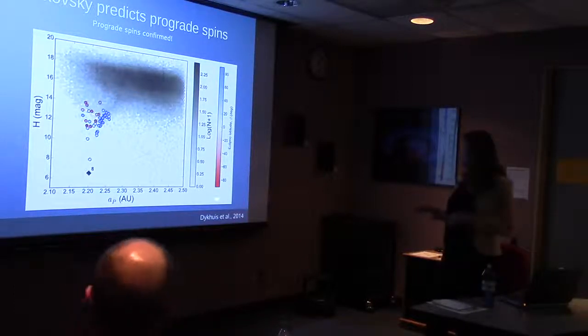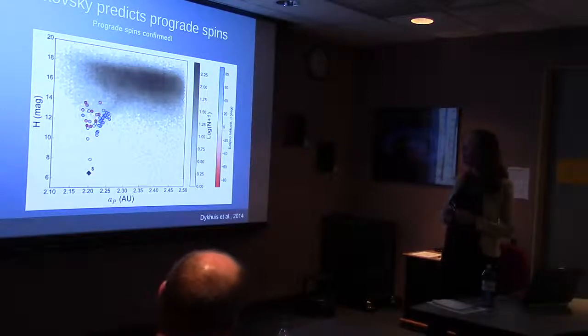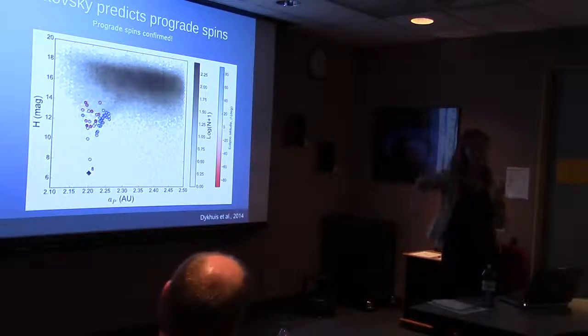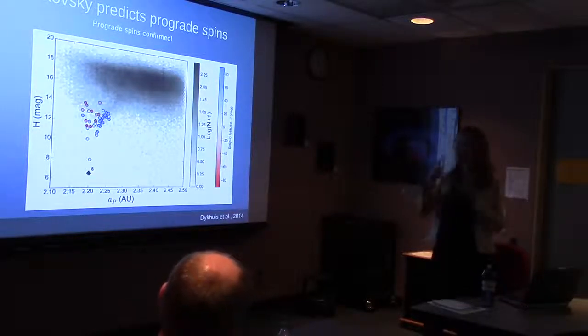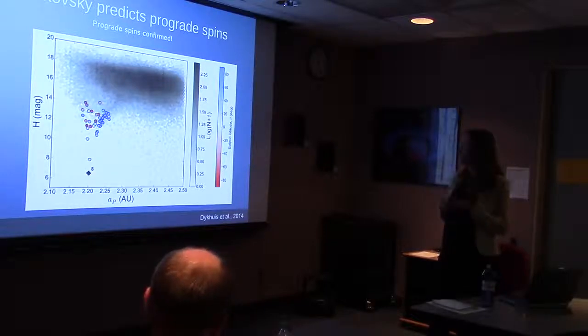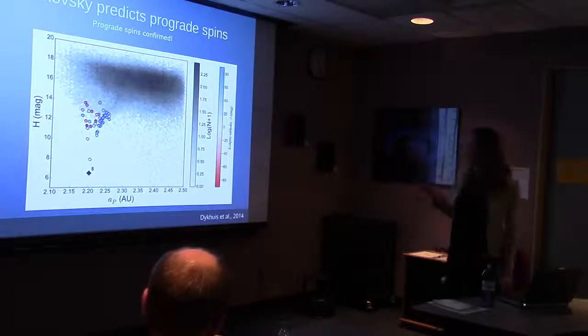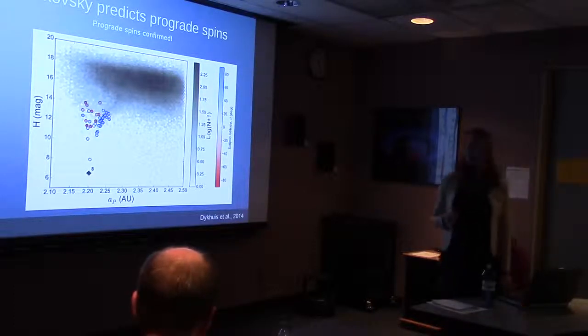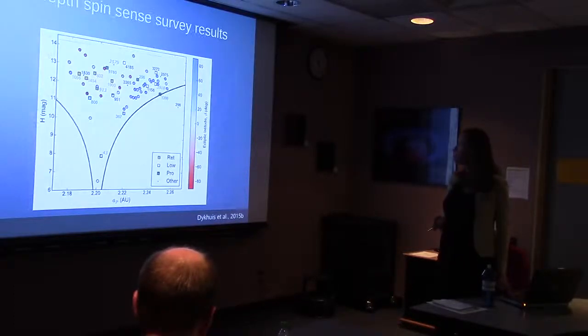And the objects that are extremely retrograde are plotted in dark red. And the objects that have spin axes that are in the plane, kind of between prograde and retrograde, are lighter colors. And so we can start to use this information to constrain dynamical models for the family's evolution.